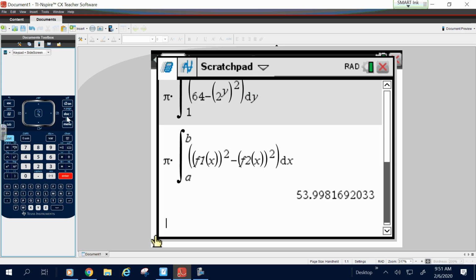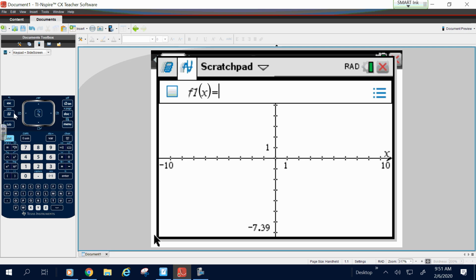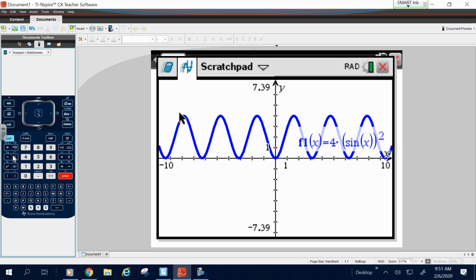I will start over. 4 parentheses sine of x squared. I imagine no negatives, and that's correct.